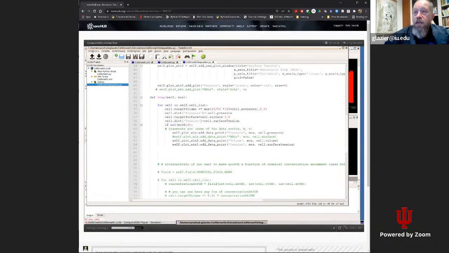Here I said this is Pref minus P. I would rewrite this as 25 times (1 plus cell pressure divided by 25). I haven't changed anything, right? I've multiplied and divided by 25. And let me double check to make sure I didn't mess it up.